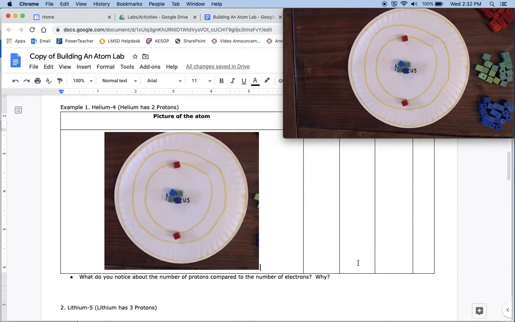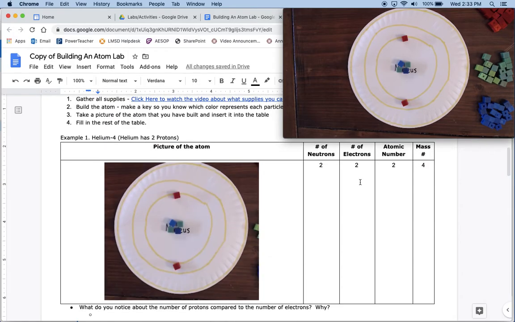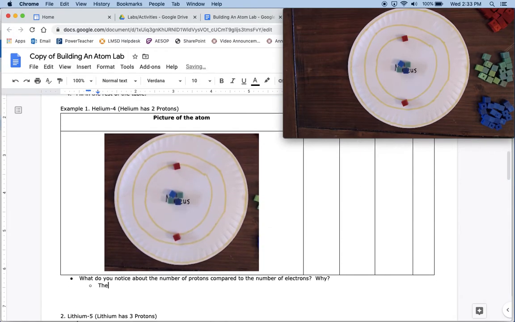As I go through, I'm going to answer this question right here: What do you notice about the number of protons compared to the number of electrons? I want you to answer that. The idea is that if you look, two protons, number of electrons, they're always equal. Why?